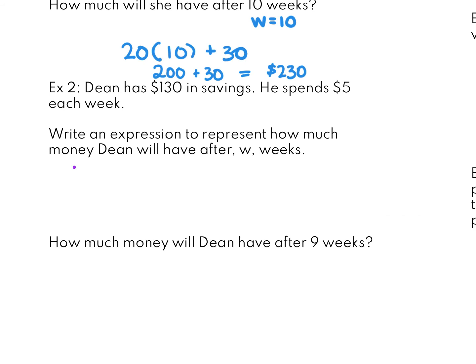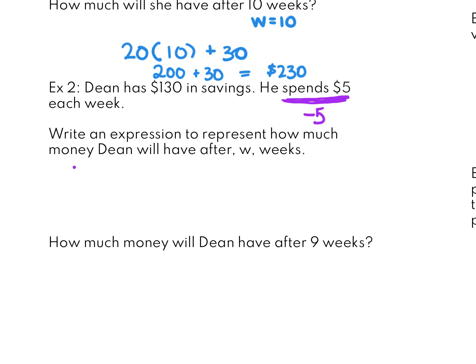Let's go through a different example now. So Dean has $130 in savings. He's going to spend $5 each week. So where Ria was gaining $20 each week, he is losing $5 each week. And that's going to be important because when we talk about our numbers, remember integers, the number that represents spending 5 would be -5.